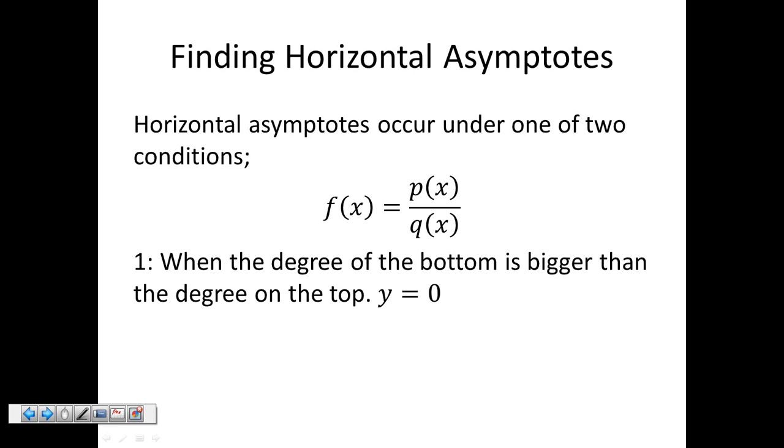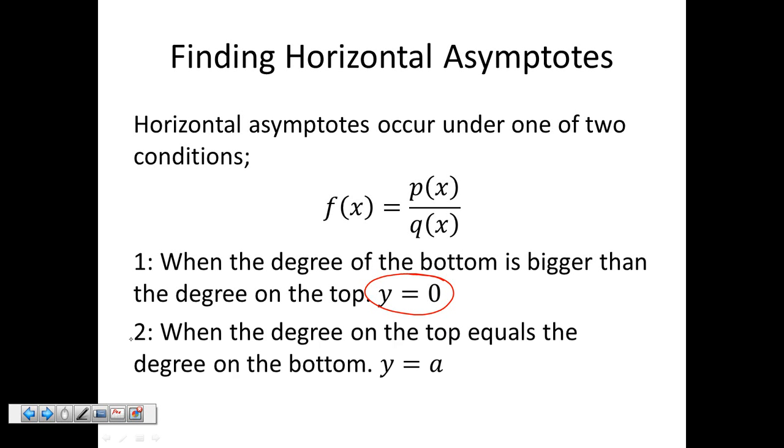That's the highest power on our polynomial. When the degree on the bottom is bigger than the degree on the top, you always have a horizontal asymptote, and that horizontal asymptote is always y equals 0. Okay, no work to do. You don't have to show me any work. You just have to point out that that degree on the bottom is bigger. The horizontal asymptote is y equals 0.